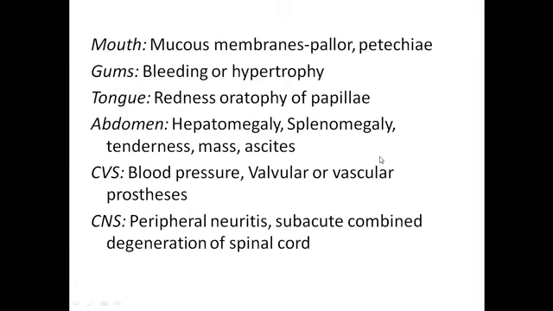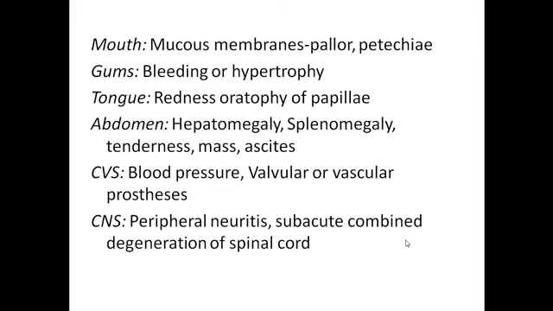Abdomen: hepatomegaly and splenomegaly may be found in leukemia, lymphoma, or various chronic diseases, so you have to examine the abdomen very meticulously. Cardiovascular system: we have to look for any valvular heart disease or any history of prosthesis.